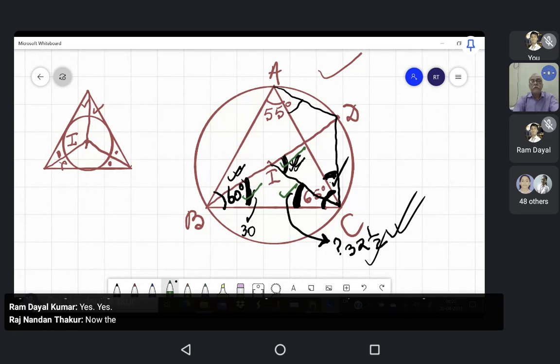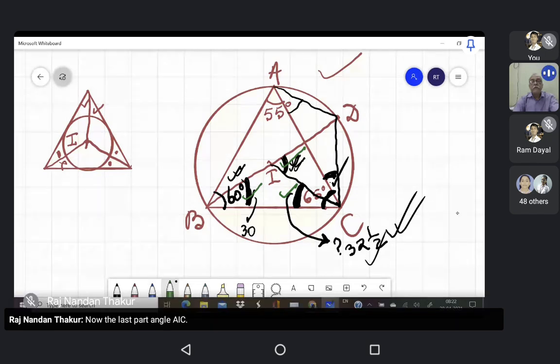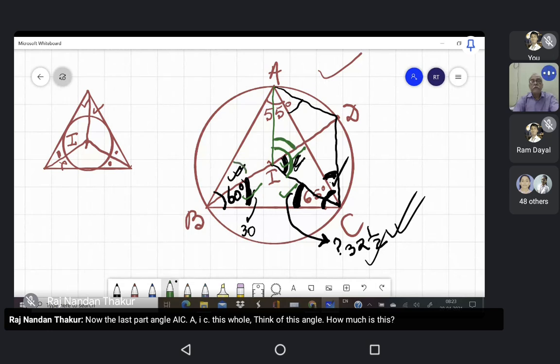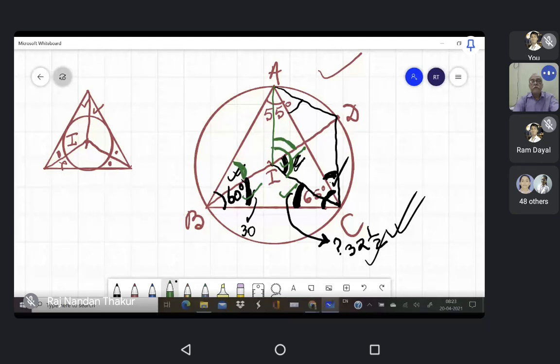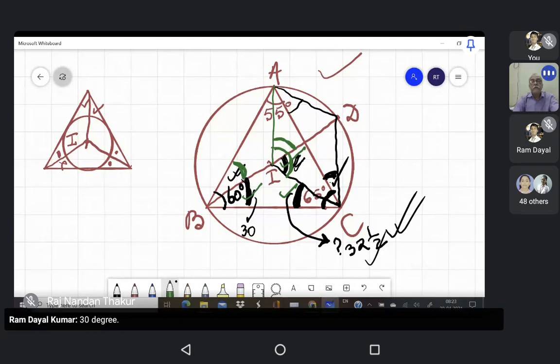Now the last part. Angle AIC. This whole angle. Think of this angle. How much is this? 30 degrees.